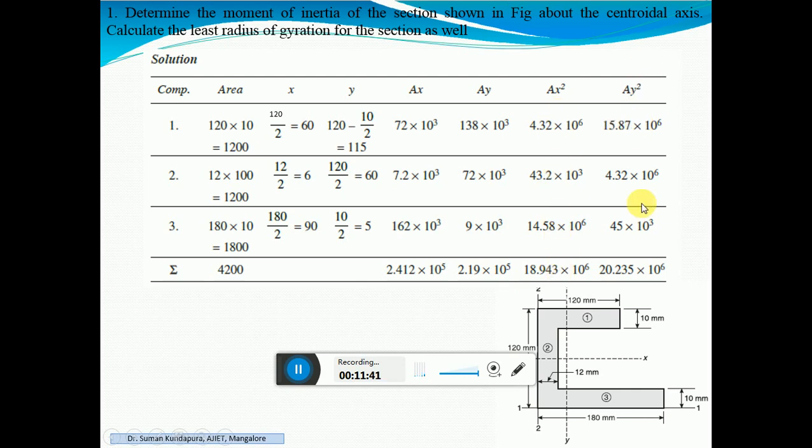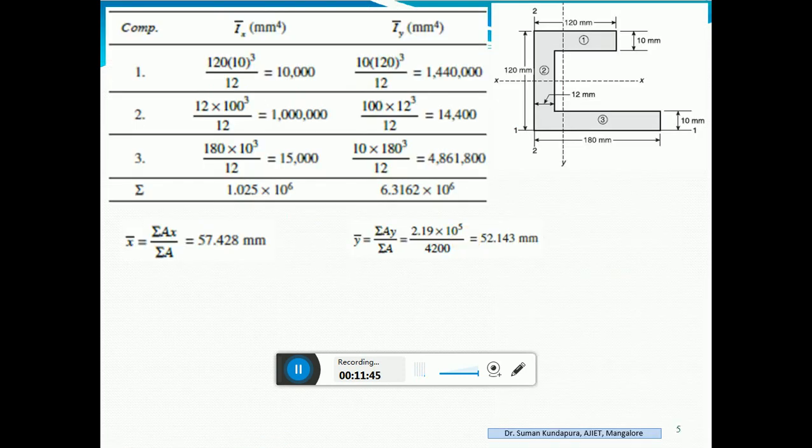Sum this up and then move on to finding Ix bar. For a rectangle, we know Ix bar is BD cube by 12. So in all three cases it's the same, BD cube by 12. Find out this. Here it is DB cube by 12, D 10, B cube 120 cube divided by 12. Find out Iy bar. Sum up everything.